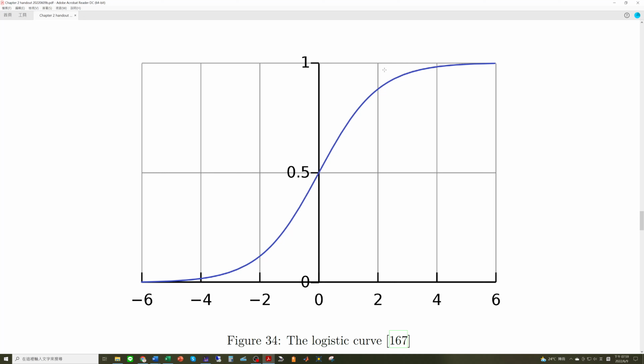And in this region, the derivative is very small, and so is in this region. So only in this small range, the sigmoid function has a large derivative. So let us go back to the sigmoidal.